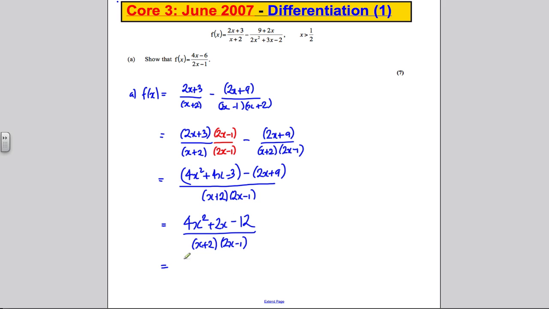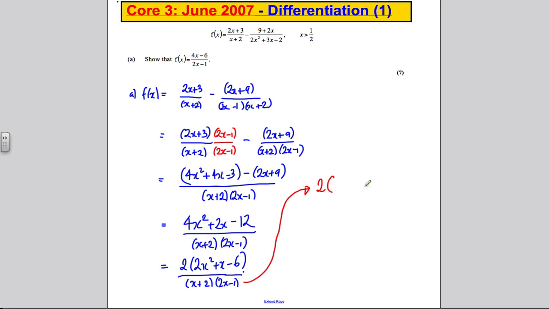Factorise out a 4, sorry, not even a 4, you couldn't factorise out a 4 at all. What you could factorise out is a 2, so you'd factorise out a 2 and you'd get 2x squared plus x subtract 6 all over x plus 2, 2x subtract 1. Now I would like you to keep going down the page in your exam, but I'm running out of space, so I'm just going to go up here and continue the working here.